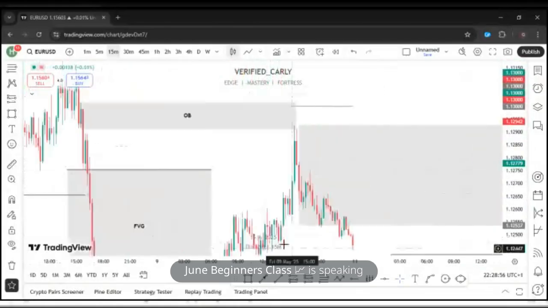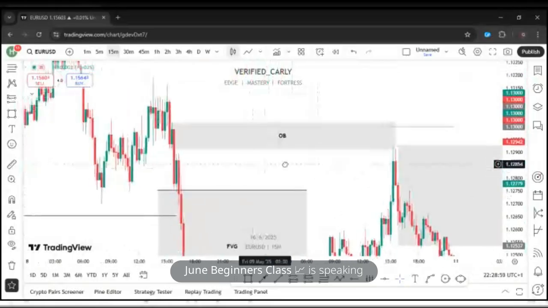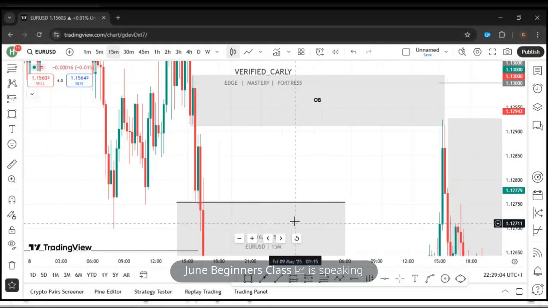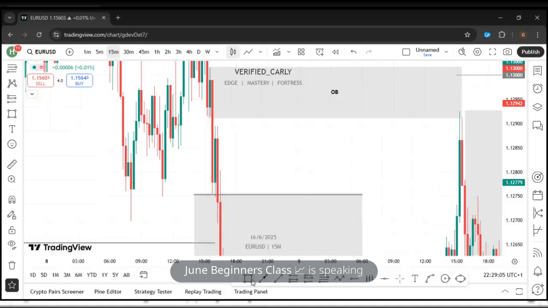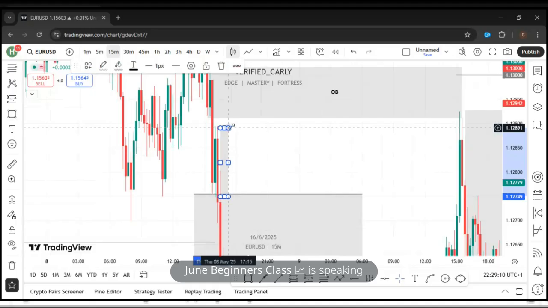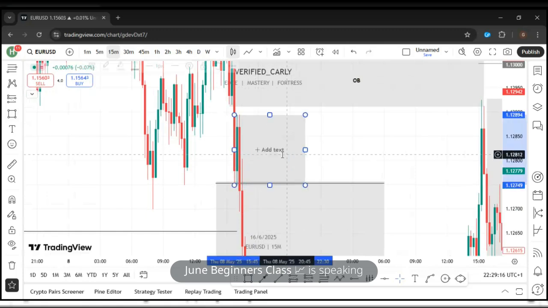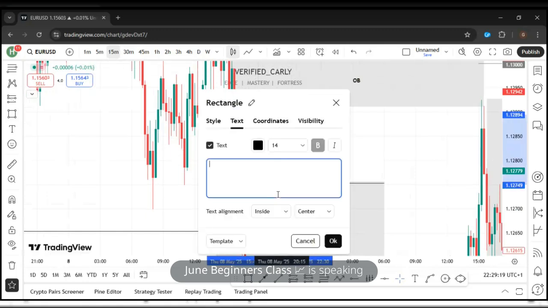If there is no liquidity, it is not valid. On a lower time frame, this candle that you see here, most traders will think this is the right order block, this green one right here, because it is a bullish candle within a bearish move. So most of them will think that this is the right order block, but this is invalid.